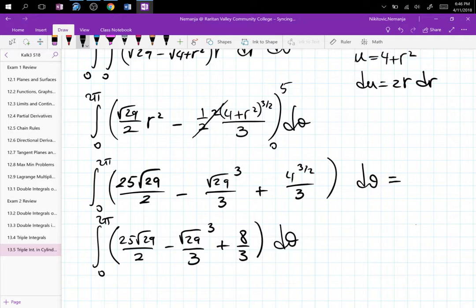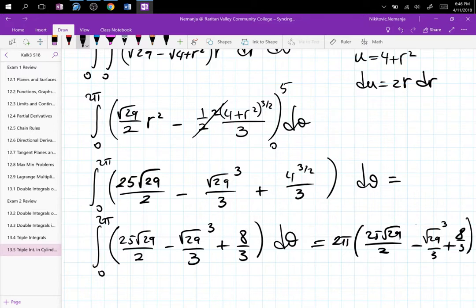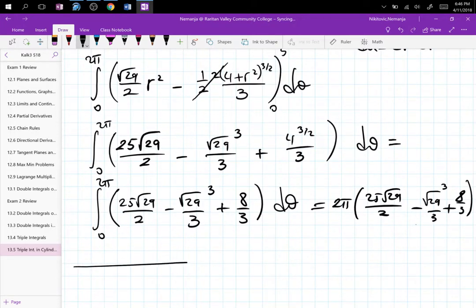So who cares? You just get to integrate, you get d theta. So the answer is 2 pi, open parenthesis, 25 square root of 29 over 2 minus square root of 29 cubed over 3 plus 8 over 3. And believe it or not, that's the answer. Now you can go get the decimals that no one cares for, but that would be the answer.